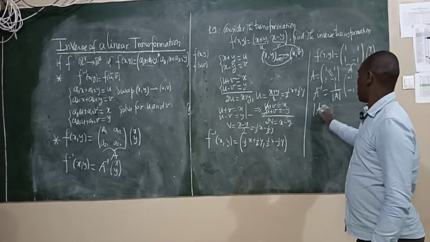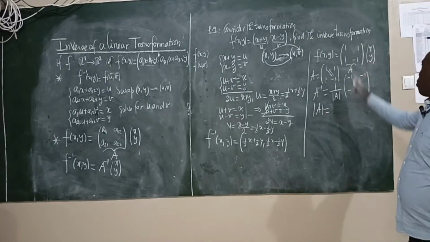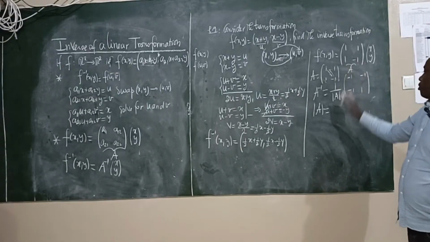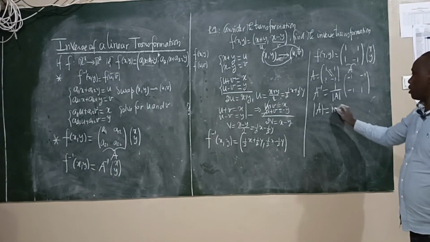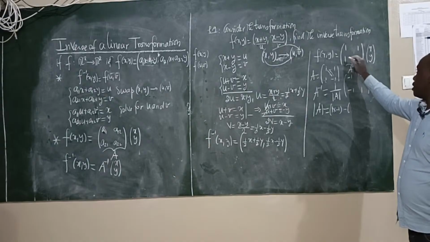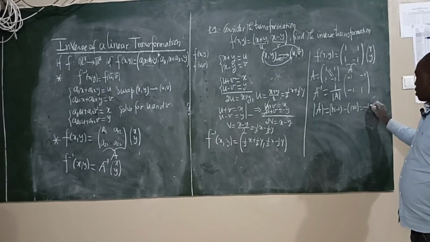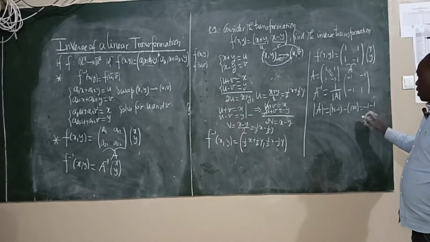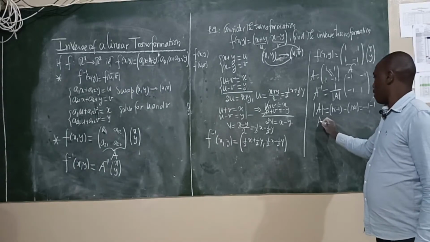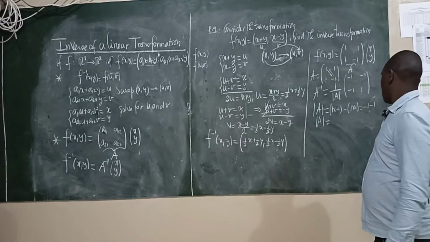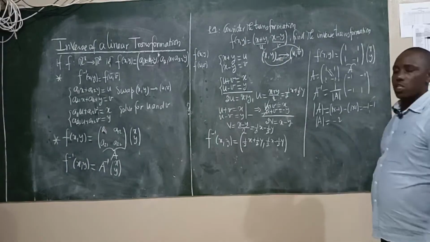Here, the determinant is going to be, we take this times this, we have 1 times minus 1 minus this times this, 1 times 1. This is going to be minus 1 minus 1. And the determinant of A is going to be minus 2.